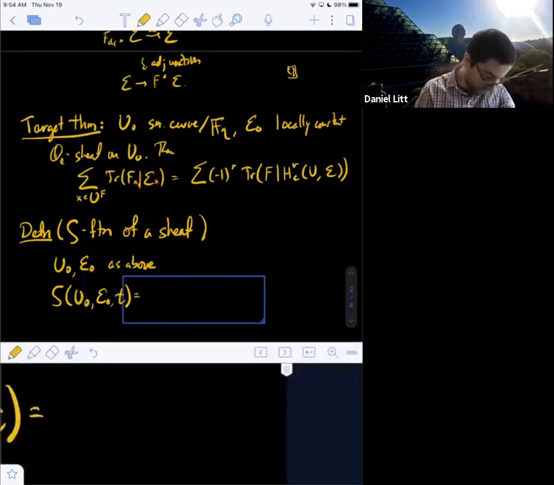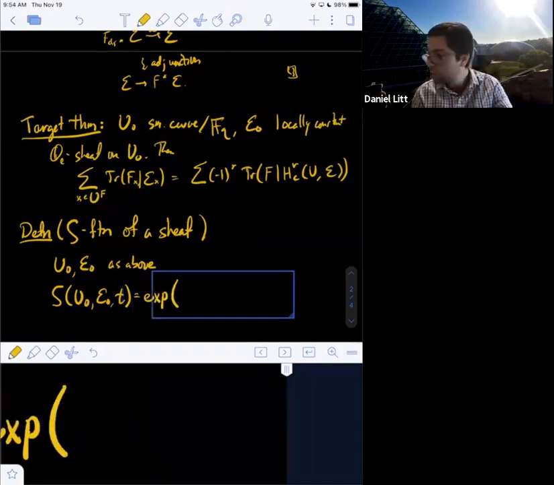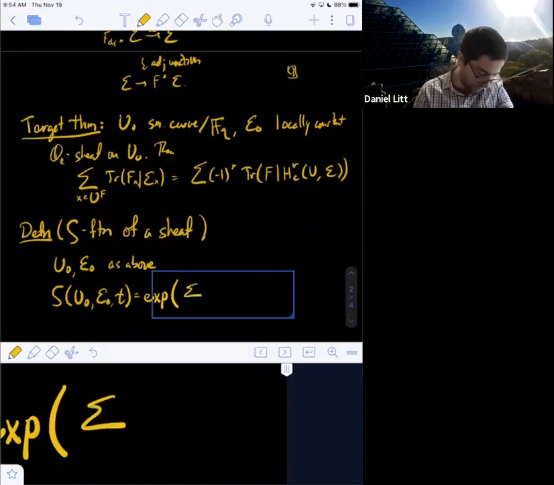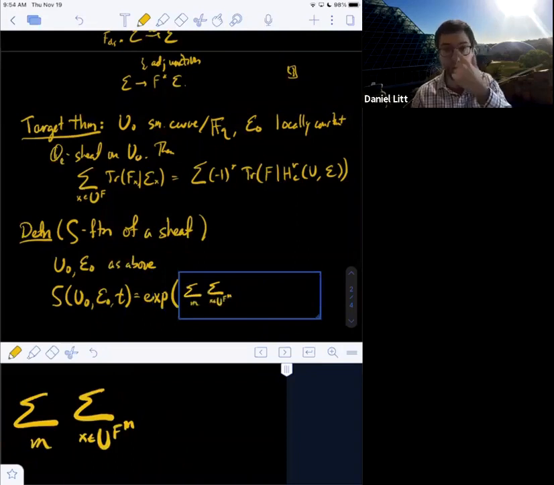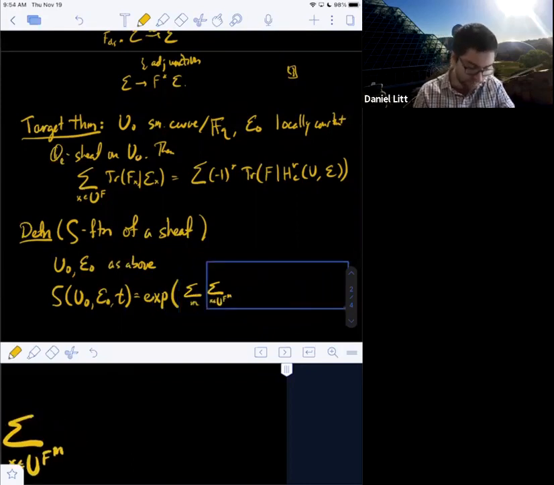So what do we say? We make the definition that this is going to be the exp of the sum over m of the sum over x in U^{F^m}, the fixed points of the mth power of Frobenius, or in other words, the F_{q^m} rational points of U naught, of the following quantity.